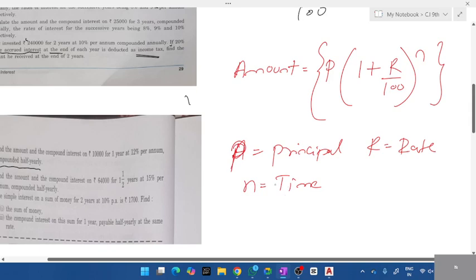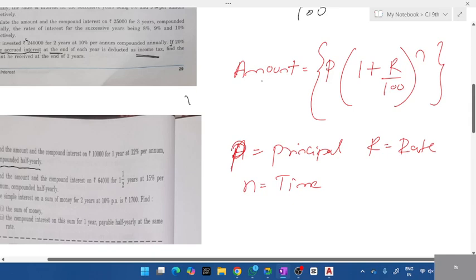If they give 2 years, you have to write to the power of 2. In place of N, you have to write 2. Make a note of this formula. Direct formula to find amount, students.